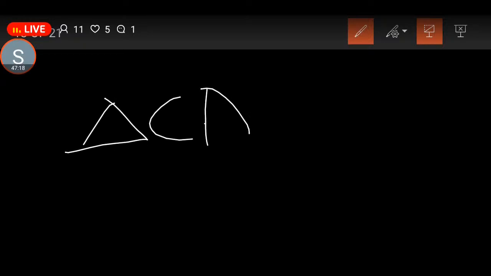And now let us consider triangle CAD, the perpendicular thing that I drew. Now cos theta, using cos theta and sin theta, we will derive that thing I was saying.